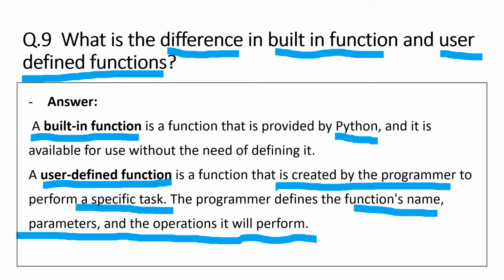And in Python, function block will begin with keyword def followed by function name and parenthesis. Any input parameter can be put in this parenthesis. We know that in Python many built-in functions are available, but user defined functions we can create as our own function, and that particular function can perform a specific task.